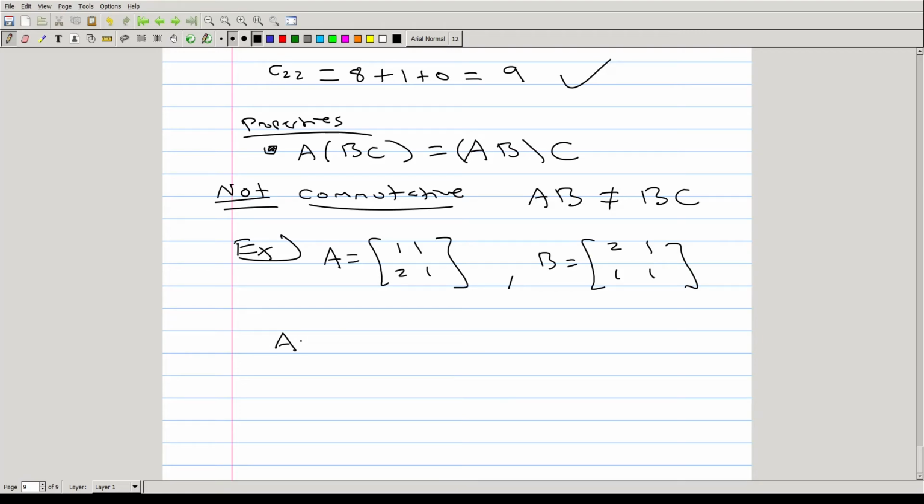If you do A times B, this ends up becoming 3, 2, 5, 3. But B times A is 4, 3, 5, 2, which is not the same. So these are not equal to one another.